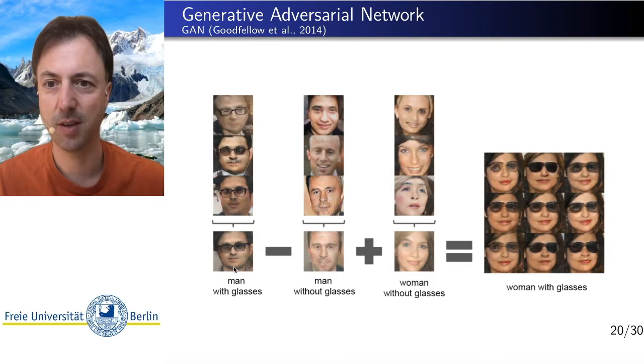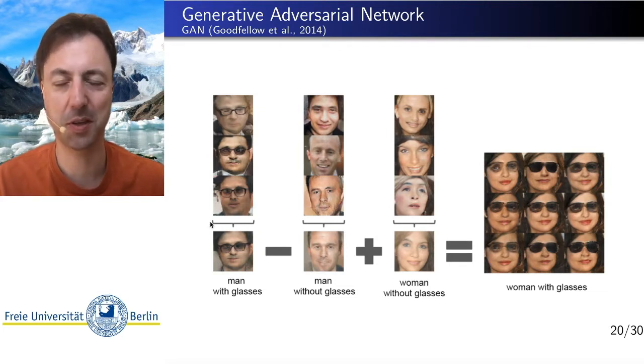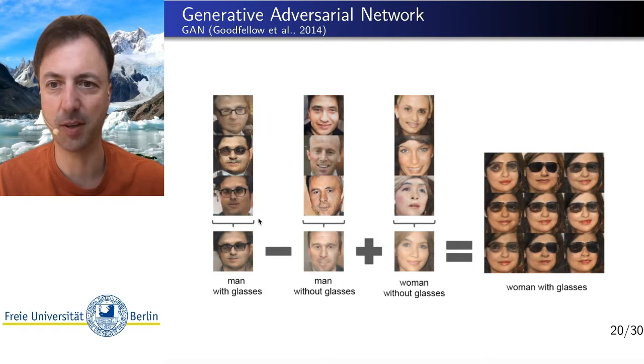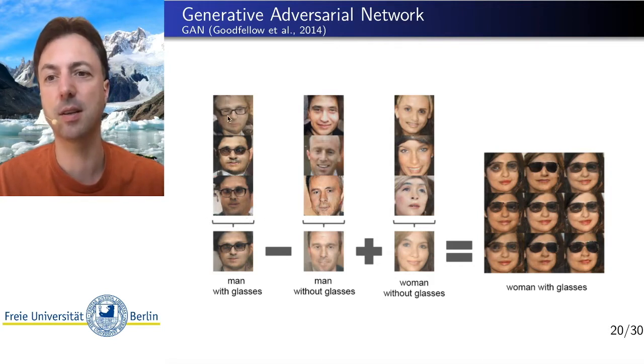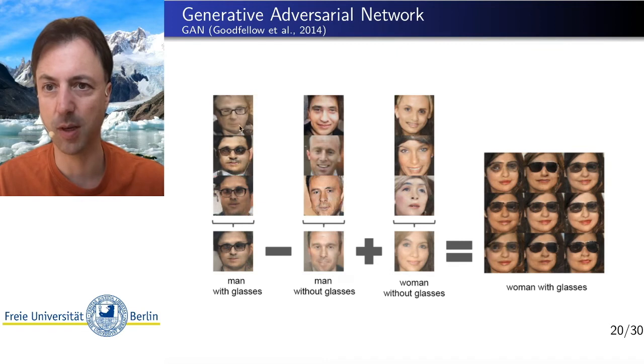So you have samples of men with glasses. These are generated samples, so they look a little bit weird. But now state-of-the-art GANs generate really impressive and amazing pictures of humans that you cannot distinguish from actual humans. But this is quite an old example.